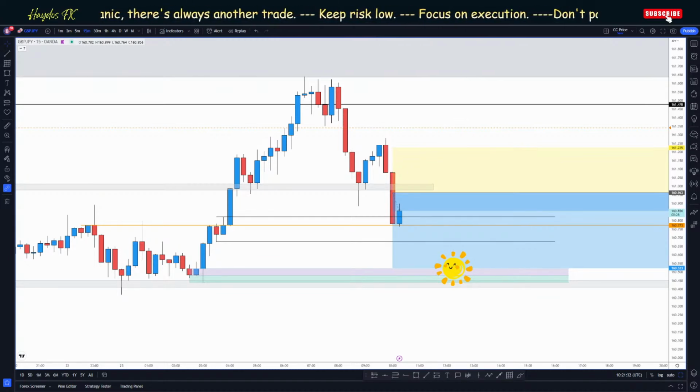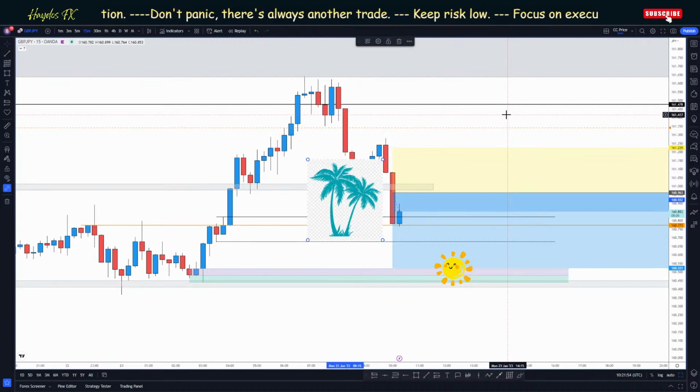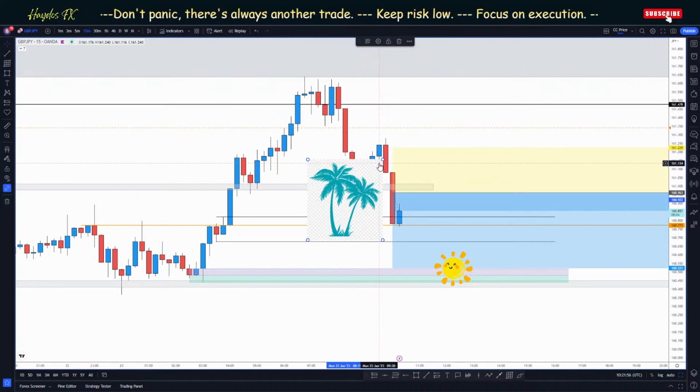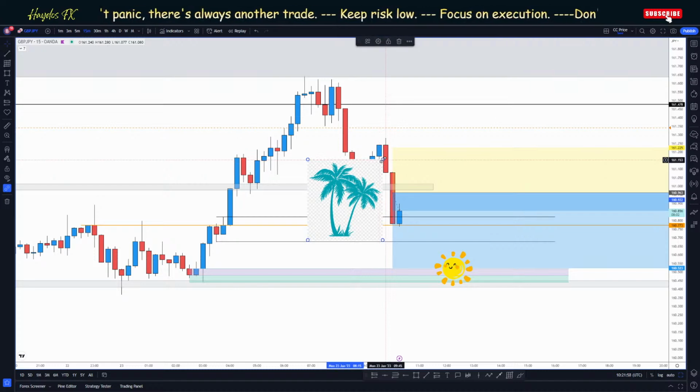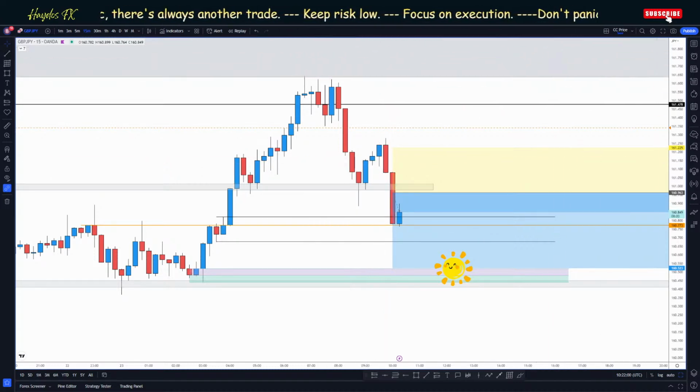Where everyone wants to be when it's snowing. Palm tree should be easy to find. It's got the background. I'm going to leave you guys in peace.